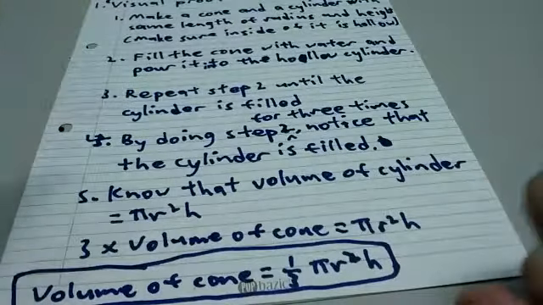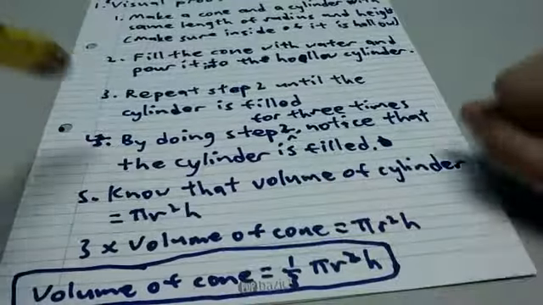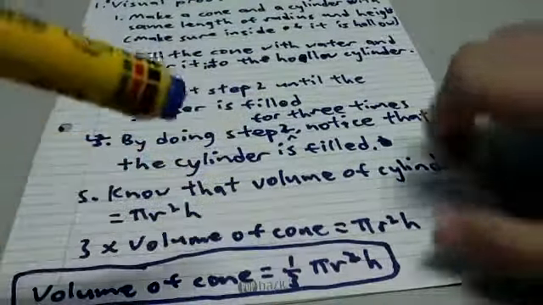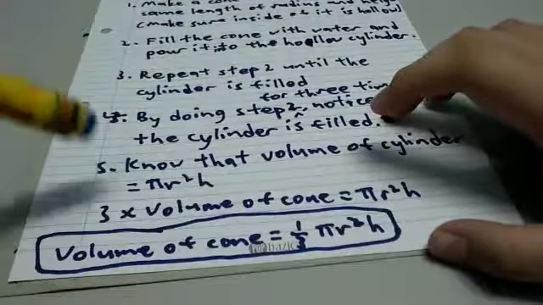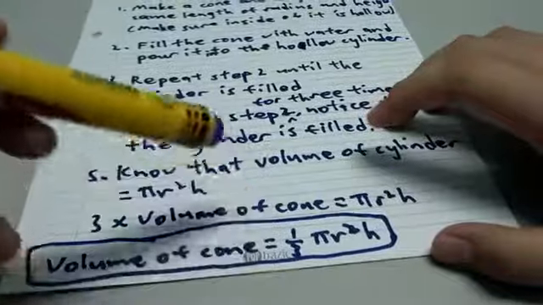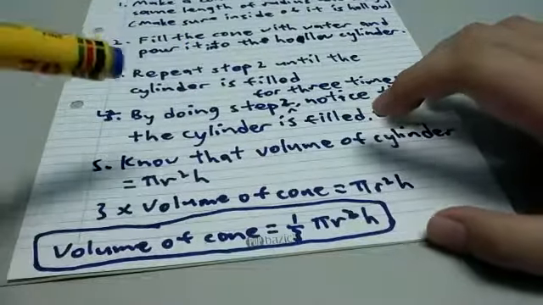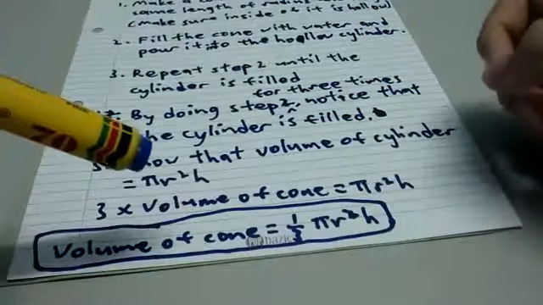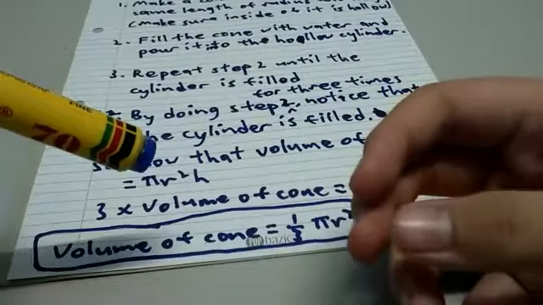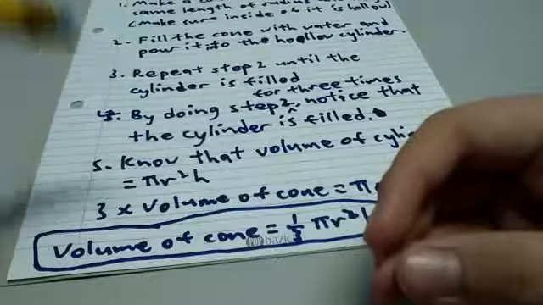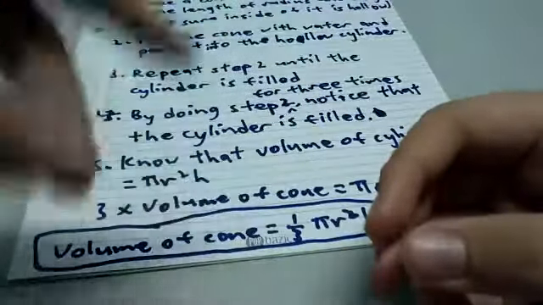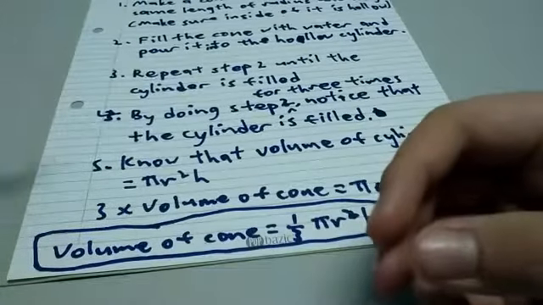Now we know that the volume of a cylinder is pi r squared h. So what I can conclude is that 3 times the volume of a cone is equal to pi r squared h, because we are finding the volume using water, and when the cylinder is filled with all the water, it means the volume of the cylinder.